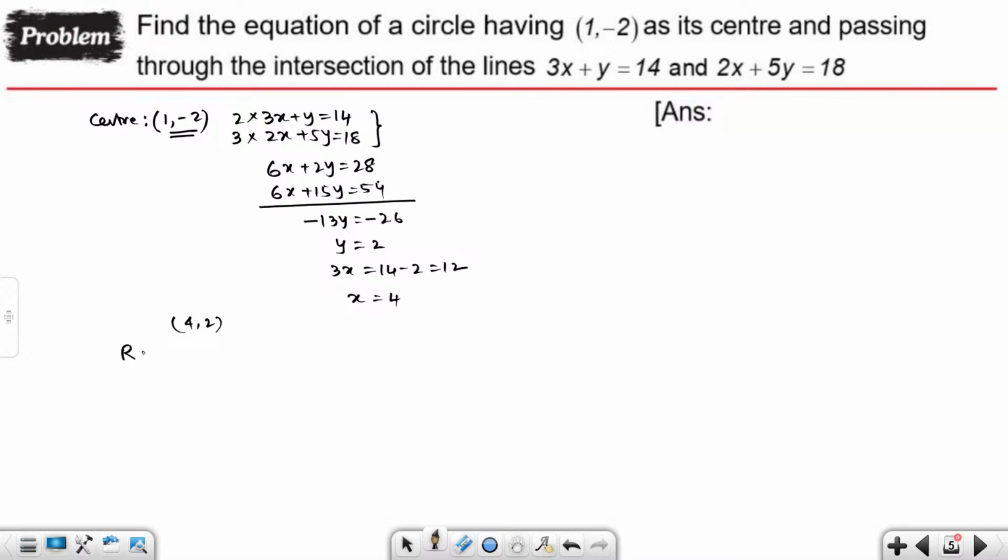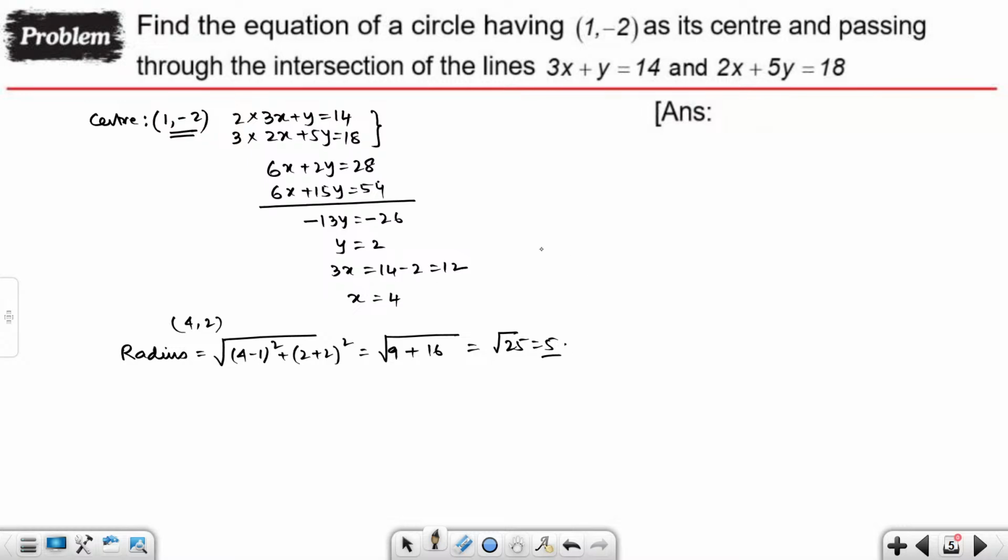Therefore, its radius will be root over 4 minus 1 whole square plus, so that gives us 5. So radius is 5 and center is 1, minus 2.